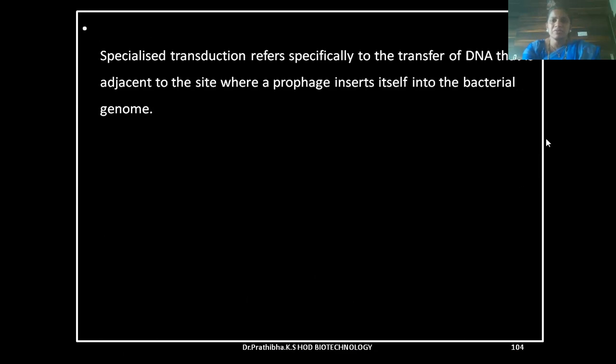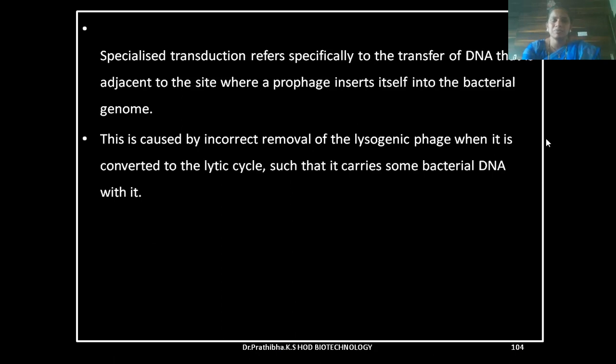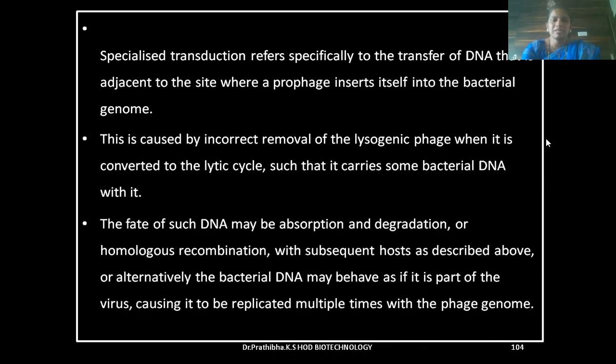Specialized transduction refers specifically to the transfer of DNA that is adjacent to the site where a prophage inserts itself into the bacterial genome. This is caused by improper removal of the lysogenic phage when it is converted to the lytic cycle, such that it carries some bacterial DNA with it.